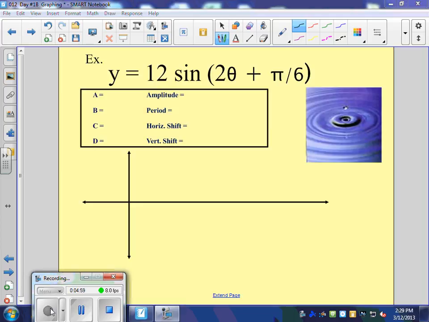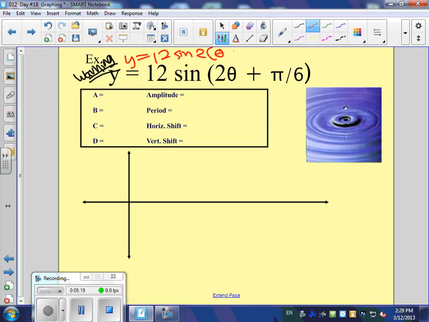So what about a shift? Well, we're going to do a horizontal shift on this one. I want to give you a little warning though. Warning, you've got to factor first. So I'm going to rewrite this right above here. Would you do it with me? 12 sine. I'm going to factor a 2 out of here. So that's easy. Theta is left behind. What will be left here?